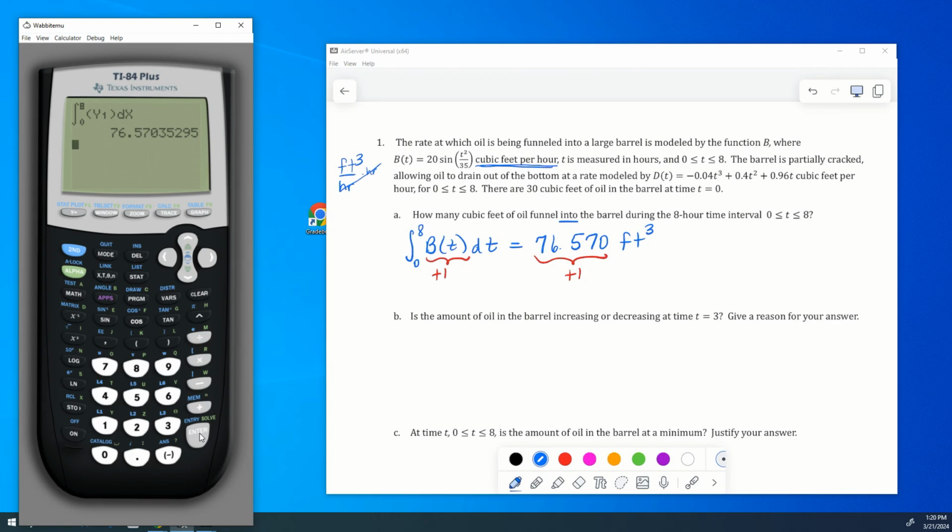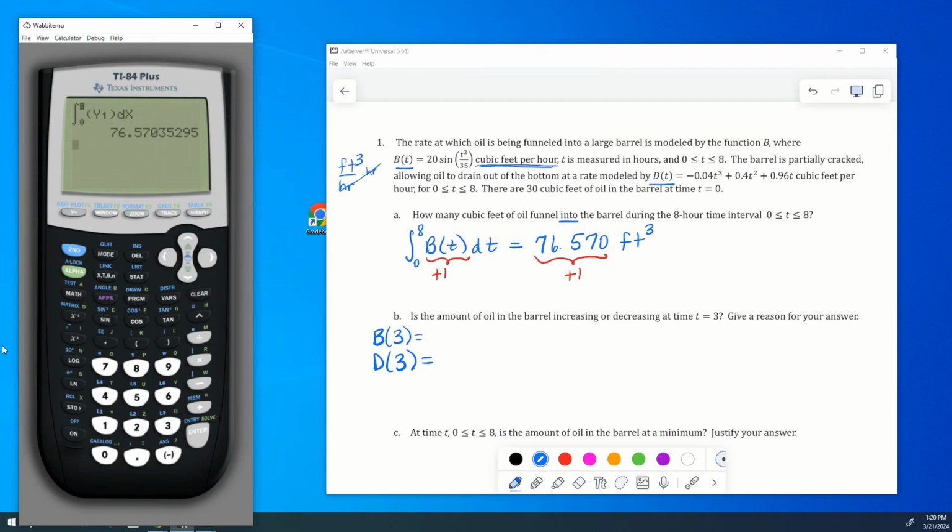Well, that would depend on if more is coming in versus draining out, or is more draining out than's coming in. That would tell you the difference. So I'm going to write it two different ways, but I would probably do this. B of 3, you're going to look at the rates at D of 3. You have to consider what's going on with the rates. And remember, B of T and D of T are the rates.